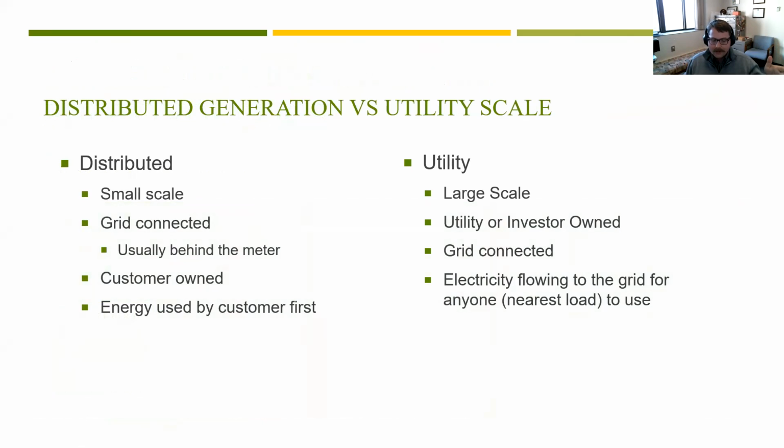It's grid connected. It's usually behind the meter. And so it's usually at a load, a business, a farm, a home, and it's behind the meter where that load uses it first. It's usually customer owned. And again, the energy is used first by the customer because it's behind the meter, then may go out on the grid if there's excess generation.